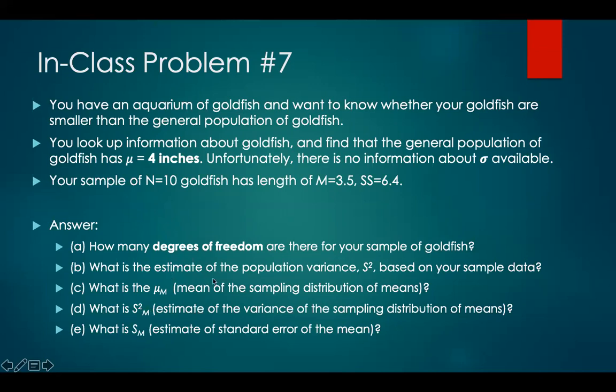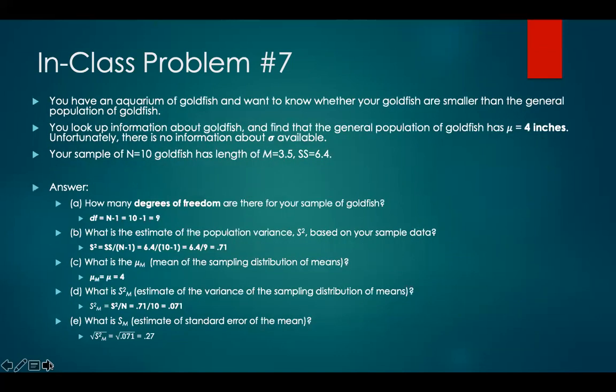What is the estimate of the variance of the sampling distribution of means? Or in other words, what is S squared of M? And finally, what is the standard error of the mean, or the standard deviation of the sampling distribution of means? You could look back earlier in the slides to find formulas here. And you could pause the video here to complete this. Because on this page, I have the answers.